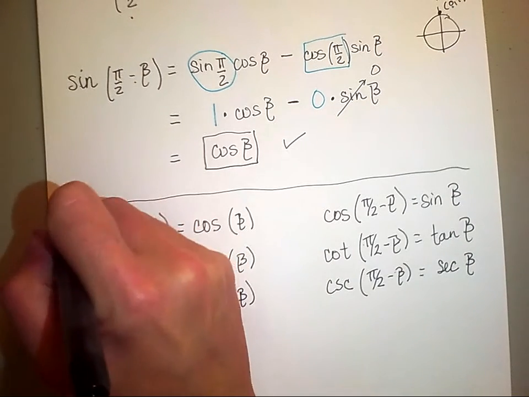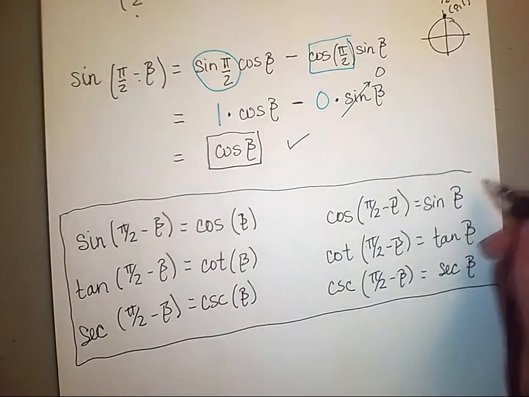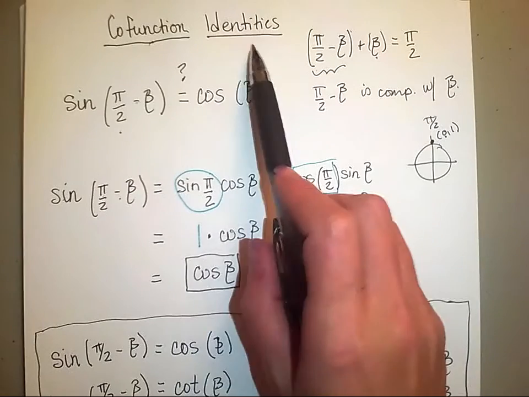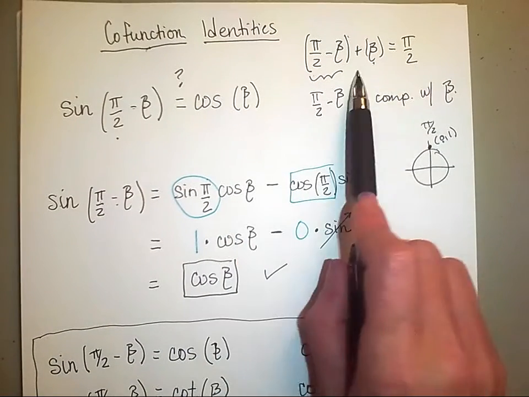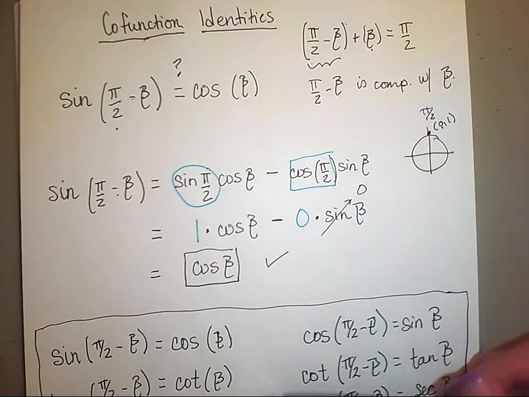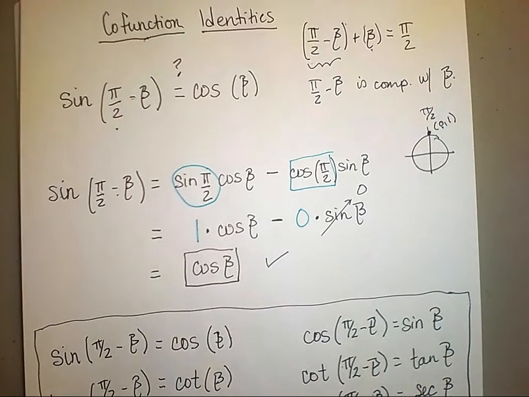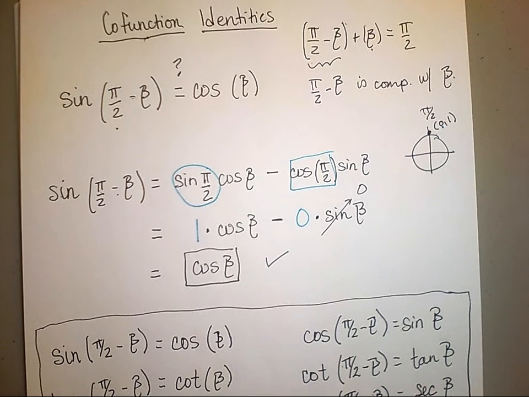Okay, so these are the cofunction identities. Now, you can memorize them, or you can memorize the fact that cofunctions of complementary angles are equal. It's a direct result, or you can work it out using the sum or difference formula. So please get working on understanding all of these different identities.